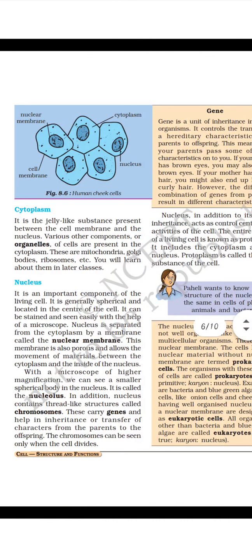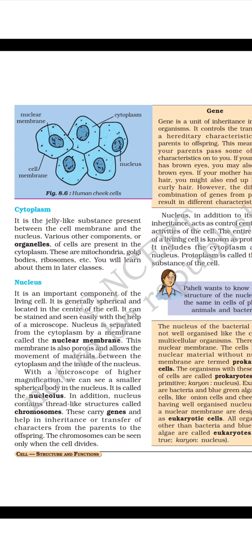So what we have learned in this class is that cells are different in number, and they have different sizes and shapes. A cell has a thin covering which is said to be the cell membrane, and the additional thick covering around this cell membrane is said to be the cell wall.